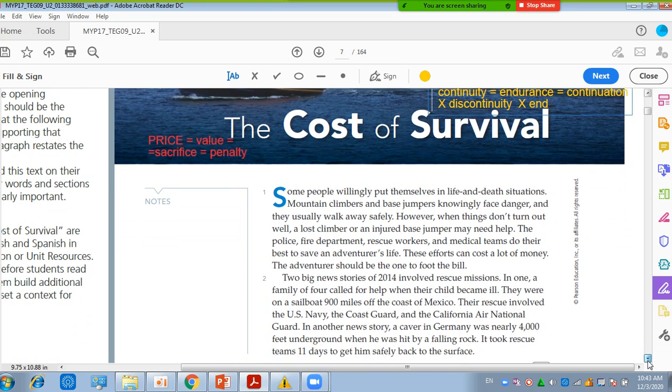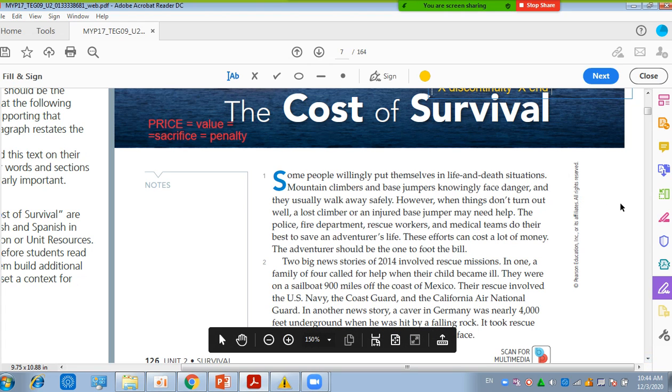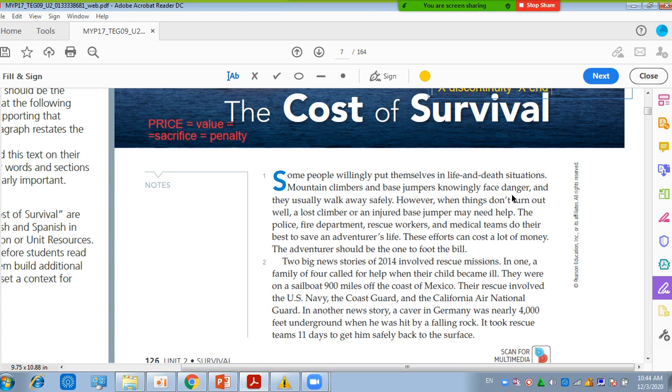In the first paragraph: some people willingly put themselves in life and death situations. Mountain climbers and base jumpers knowingly face danger, and they usually walk away safely. However, when things don't turn out well, a lost climber or an injured base jumper may need help.